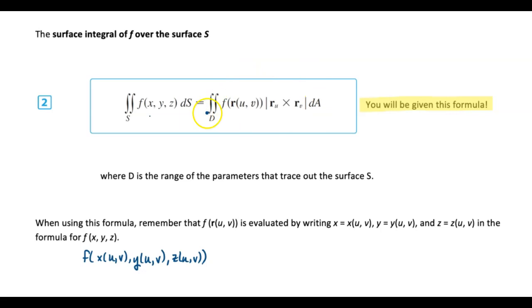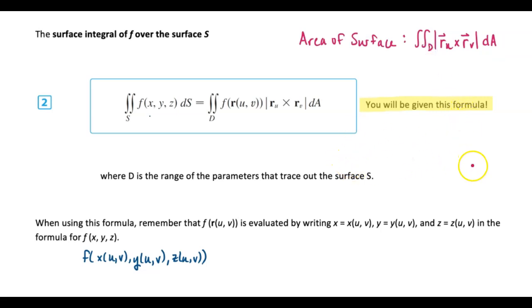And so this might look a little bit familiar because we remember that the area of a surface, when we had a parametric surface, is just the double integral of the magnitude of that cross product of the partial derivative of r with respect to u and the partial derivative of r with respect to v over that area where this is our domain.